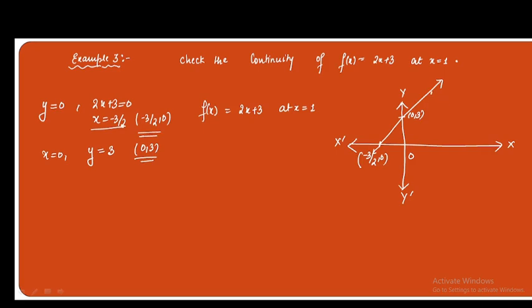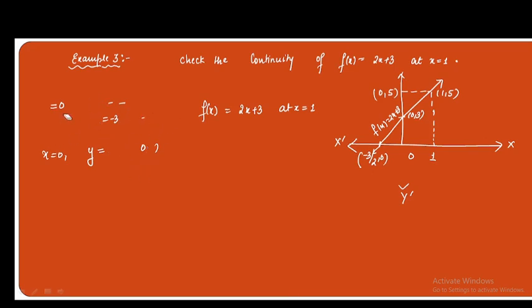Now what we need to find is whether the function is continuous at x equal to 1 or not. So let this be x equal to 1. At x equal to 1 the value of function will be 2 into 1 plus 3, which is 5, right? So this is (0, 5) and this is (1, 5), and this is the function 2x plus 3.